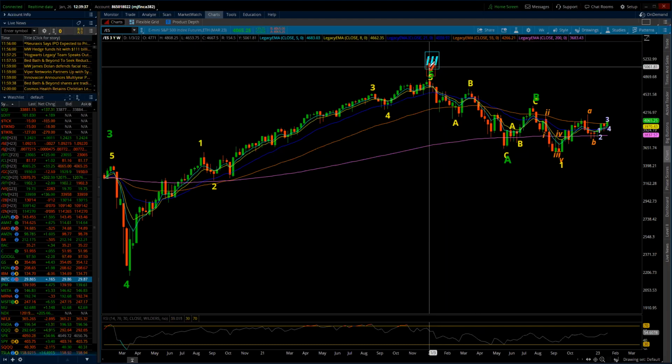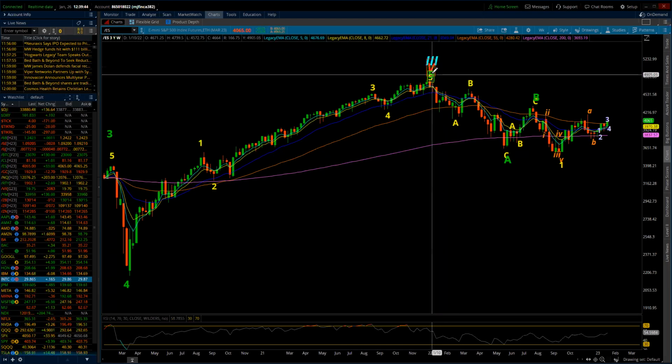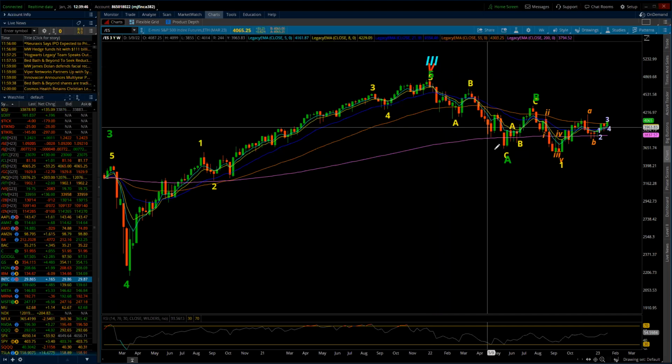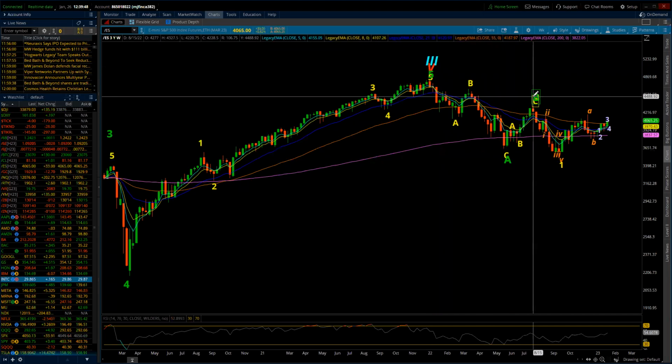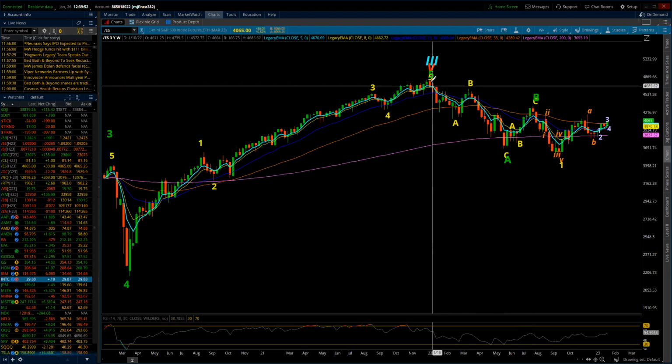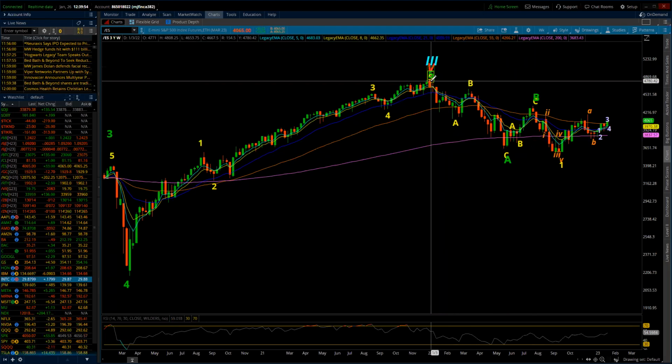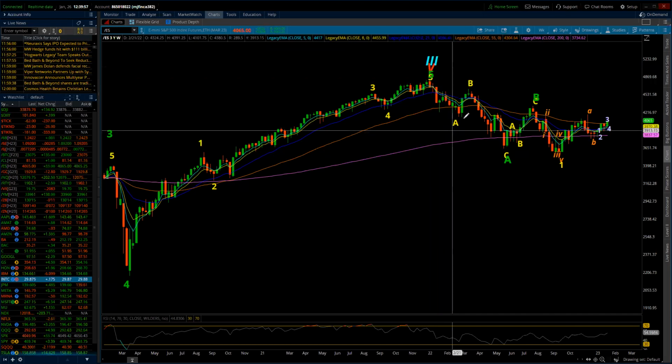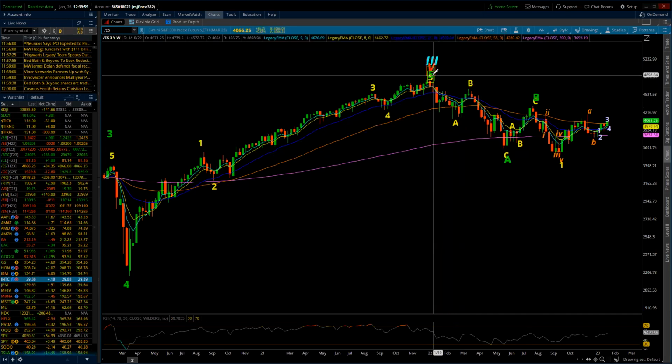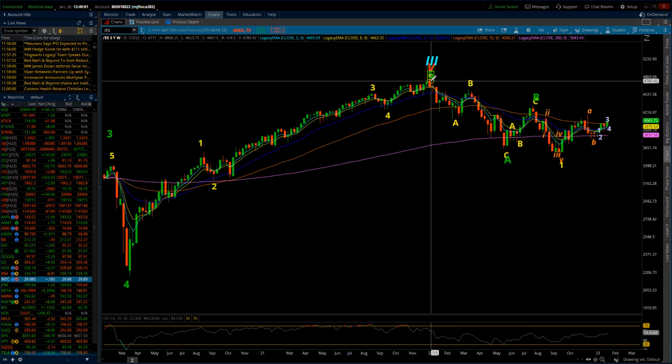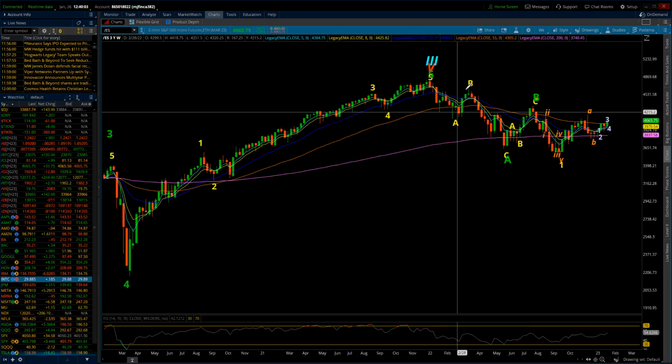Okay, so let's now go to that first cycle wave A. What's going to be inside of that? 3 waves labeled ABC of primary degree. Bing, bing. Okay, what's going to be in that primary wave A? 3 waves labeled ABC of intermediate degree.